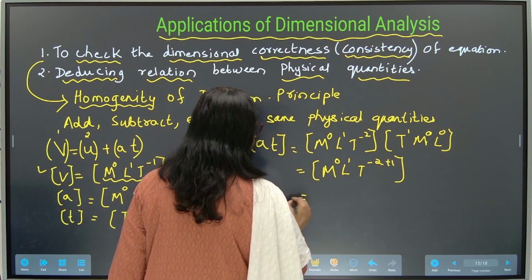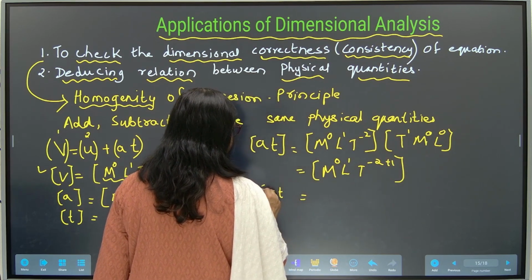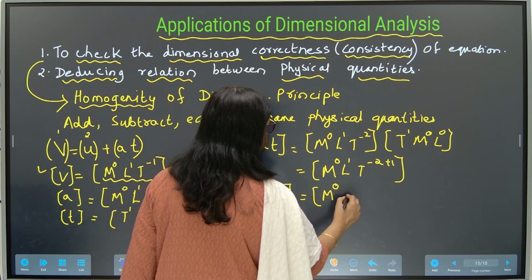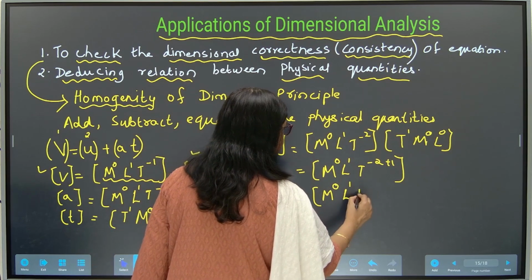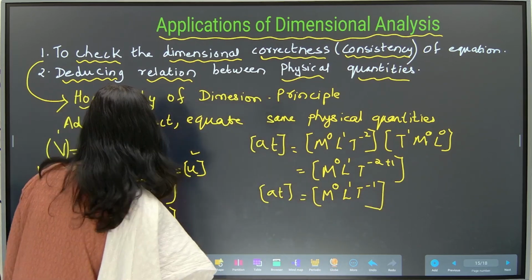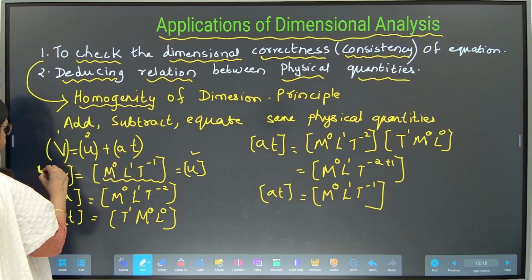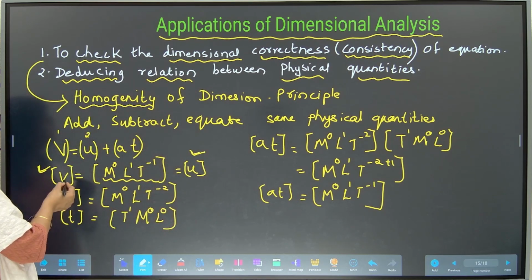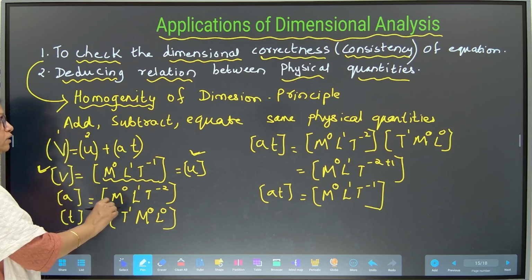So what is my answer? AT's dimension is equal to M0 L1 T^-1. Agreed? So this was our first term, this is our second term with the dimensional formula of velocity.